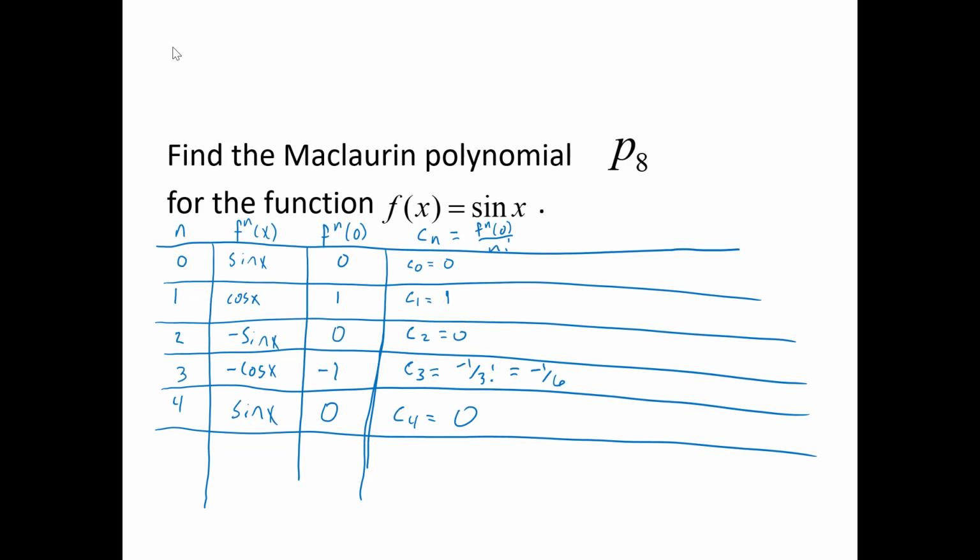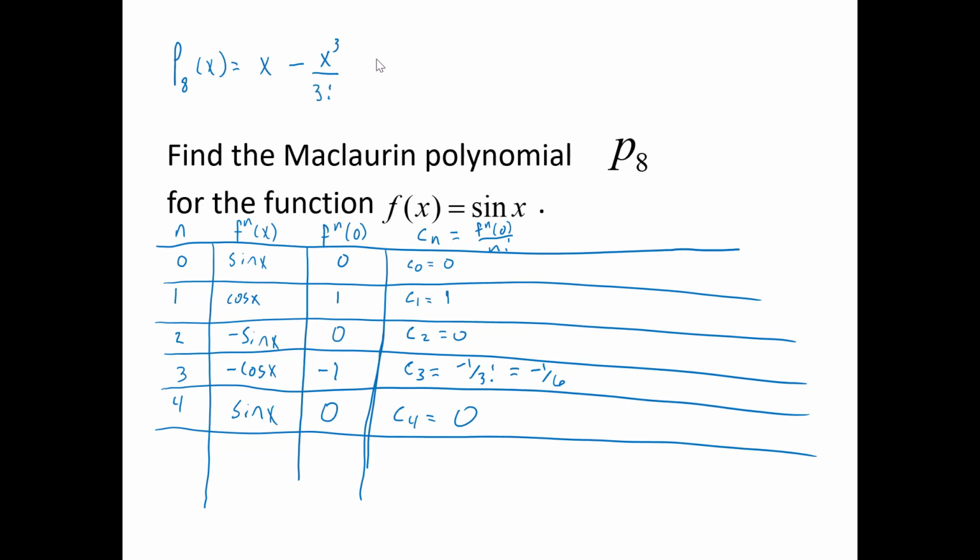So then P8 of x: your constant term is 0, so C0 is 0, C1 is 1, so that's 1 times x. C2 is 0, C3 is minus x to the third over 3 factorial.